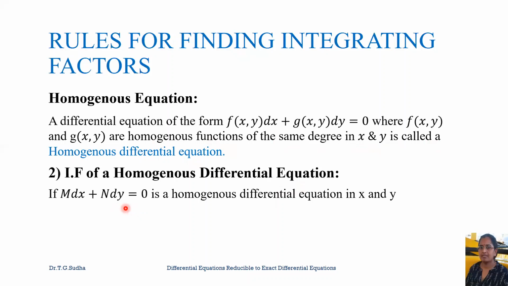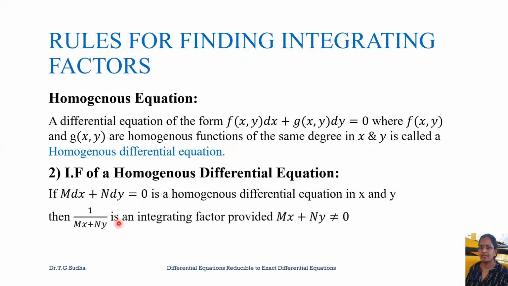If M dx plus N dy equal to 0 is a homogeneous differential equation in x and y, then 1 over (Mx plus Ny) is an integrating factor, provided Mx plus Ny is not equal to 0. So first we need to check whether Mx plus Ny is 0 or not.